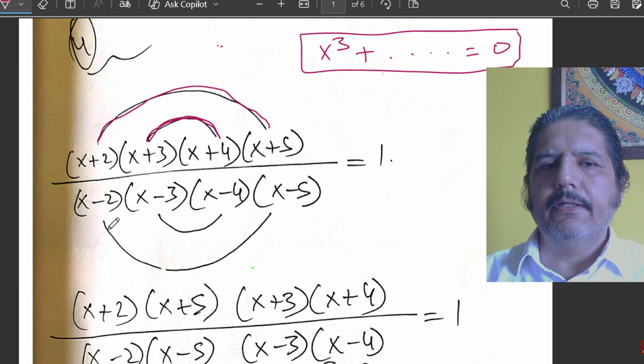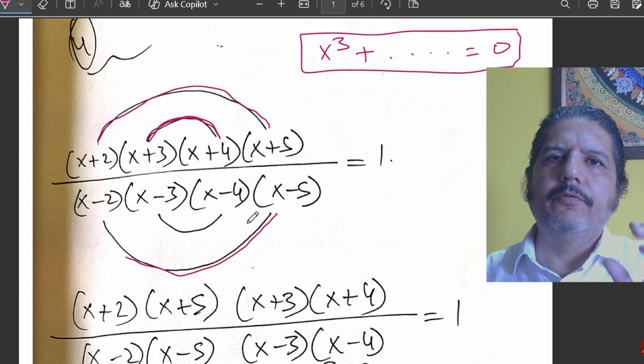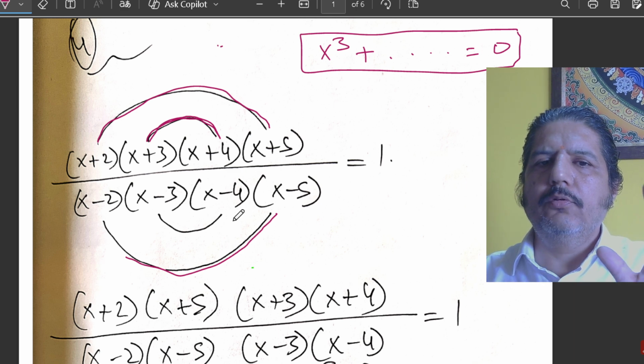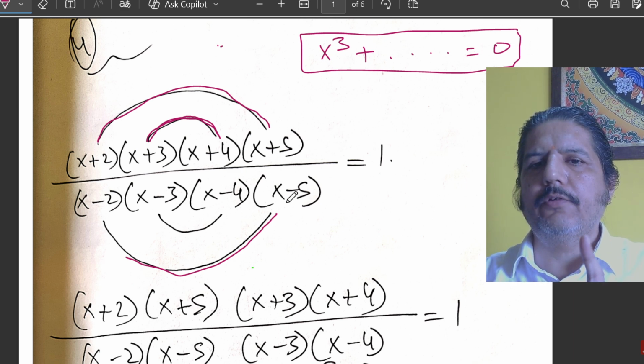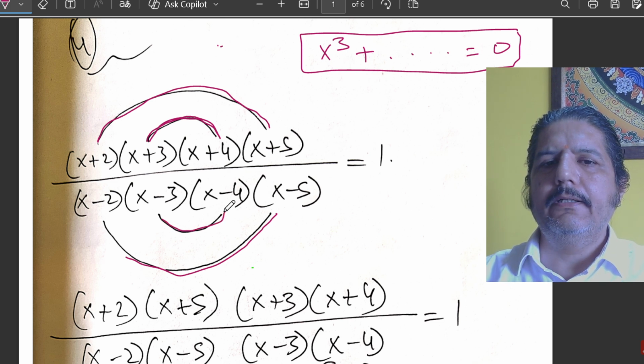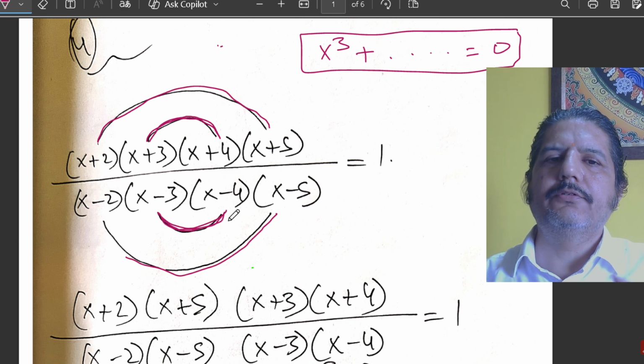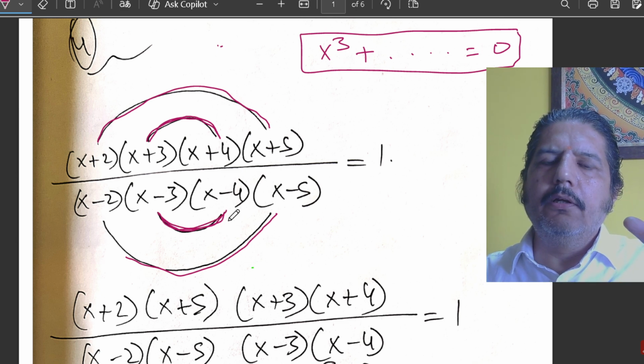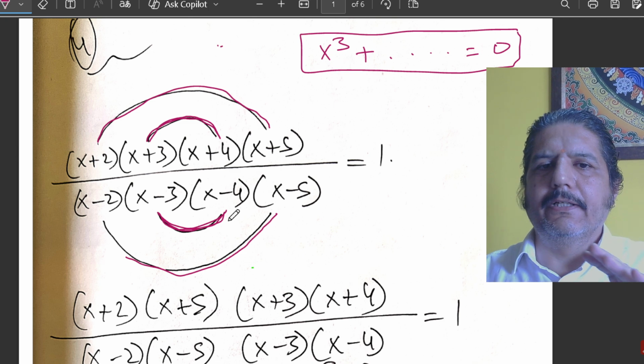If you make factors of x minus 2 into x minus 5, you will have some quadratic equation which will look something like x square minus 7x. And if you pair these two, you will have some quadratic equation in terms of x square minus 7x.